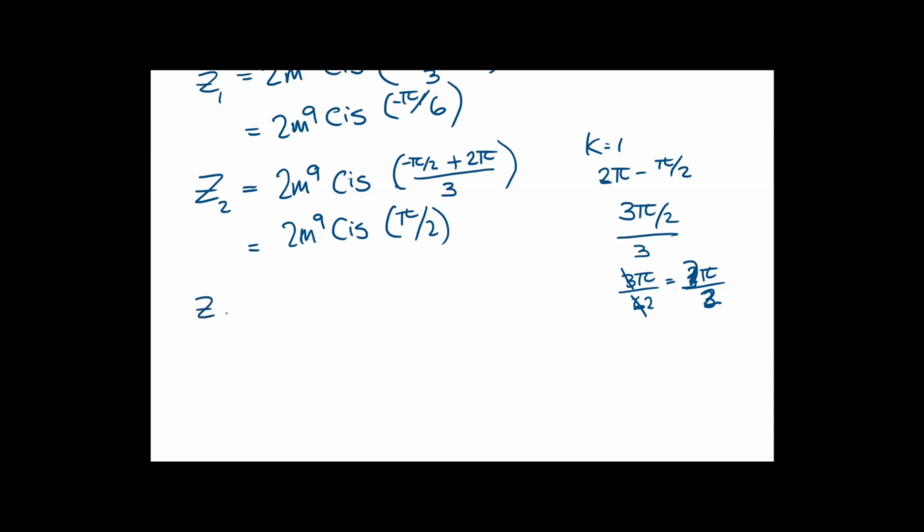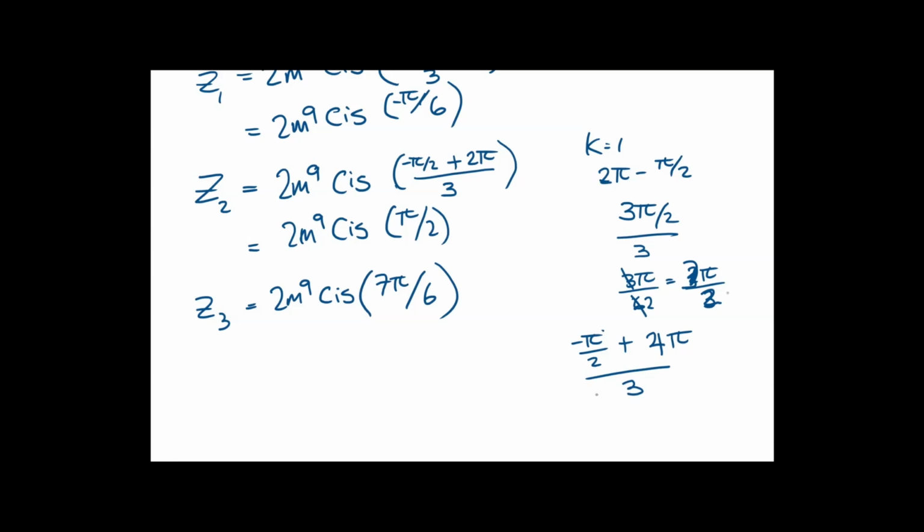Now the third one, I think it's going to be really, really gruesome. So now we have pi over 2 plus 2 times 2, so 4 pi, all over 3. So it's going to be 9 pi over 2 over 3. I'm just going to pause.